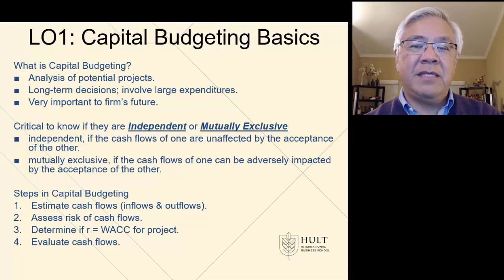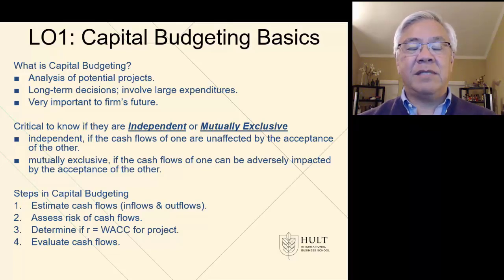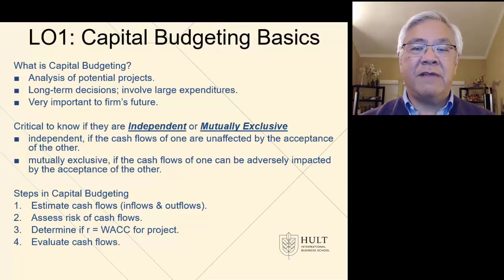Mutually exclusive means you may have an objective and you have 2 projects that are alternative ways to deal with that particular opportunity. So you have project A, and if you do A, then you can't do B. If you do B, you can't do A. So that's what we mean by mutually exclusive. As opposed to the earlier one, you could do A or B or A and B. It doesn't matter since they are independent.